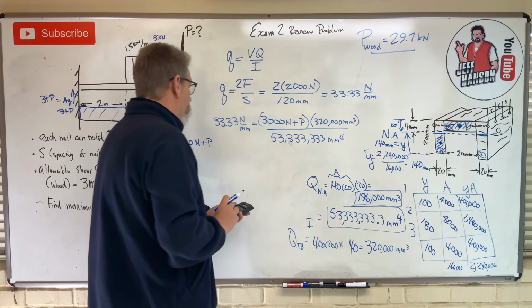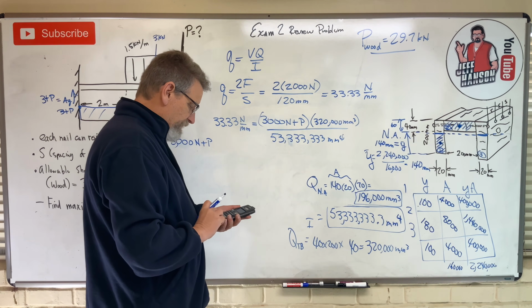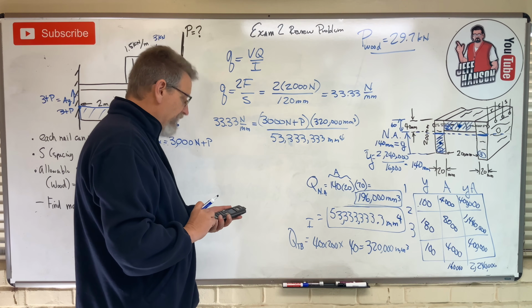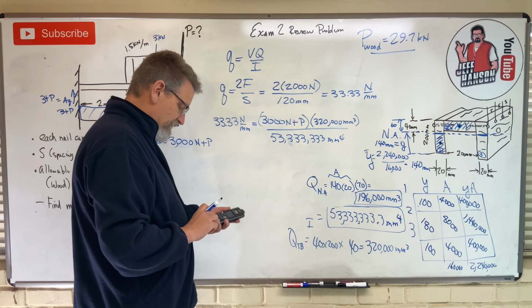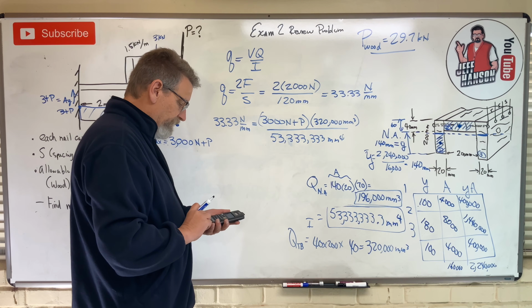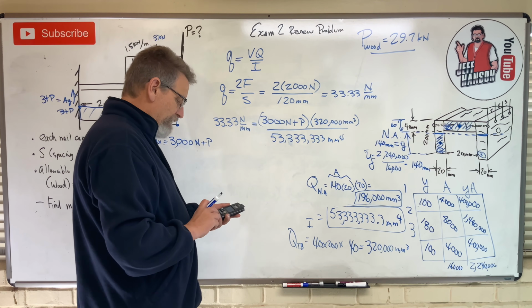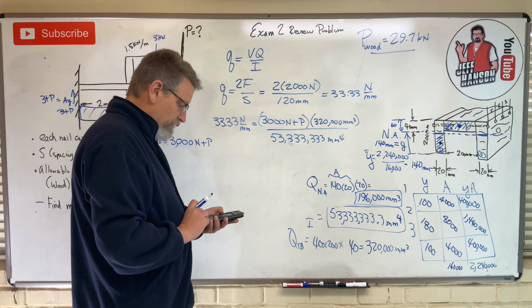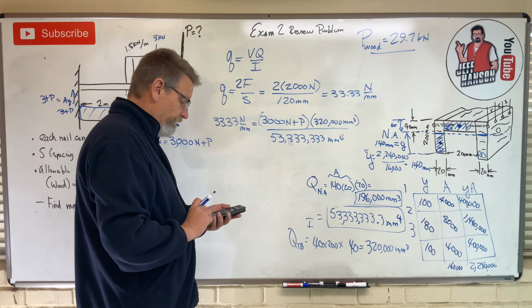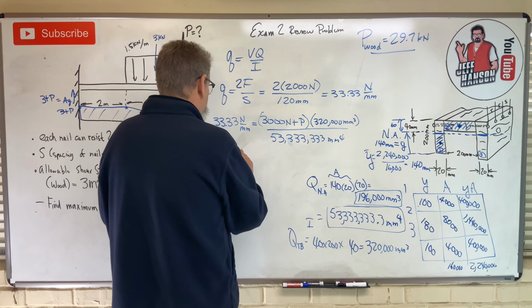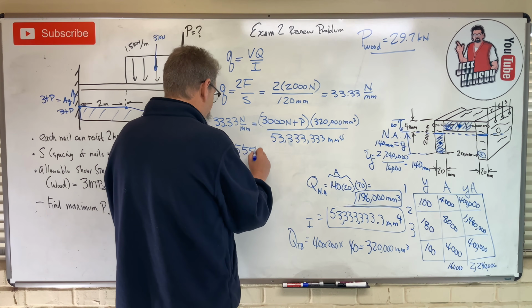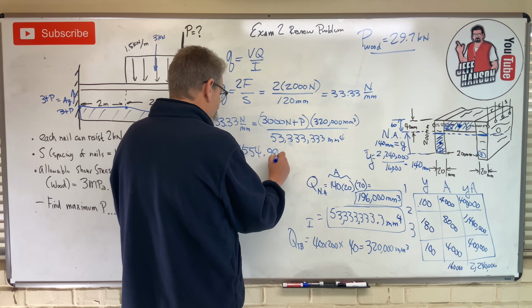All right, here we go. 33.33 times 53.333 million, and then divided by 320,000 equals 54.9999.